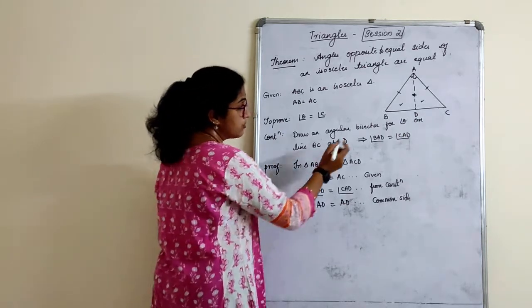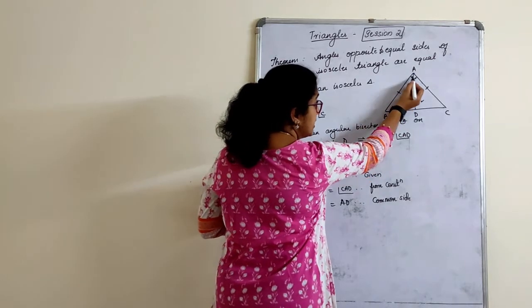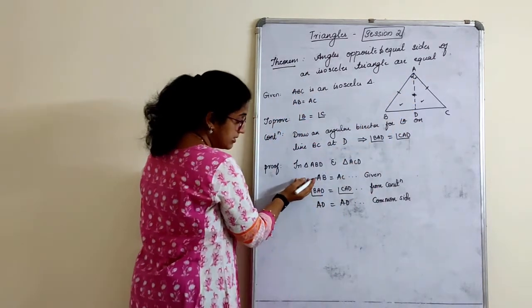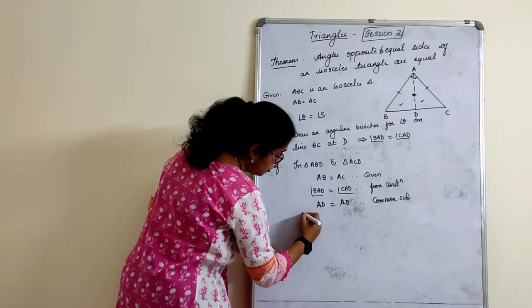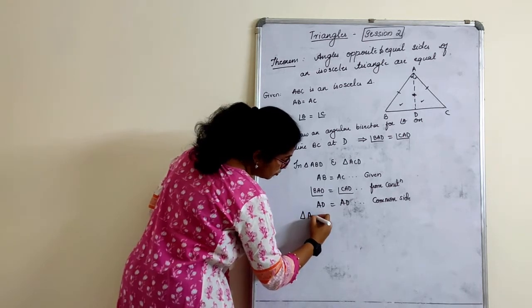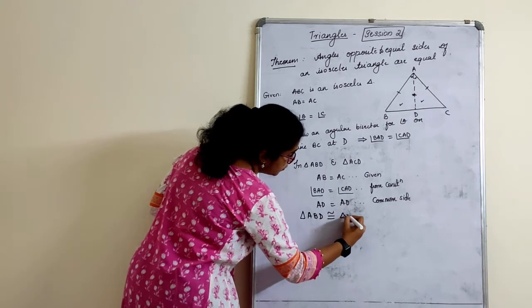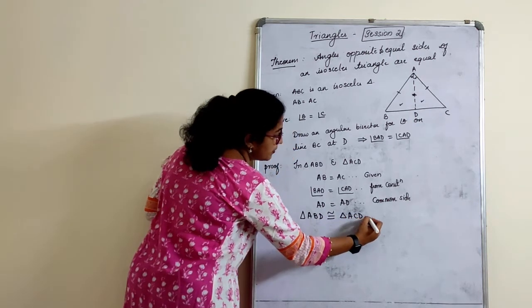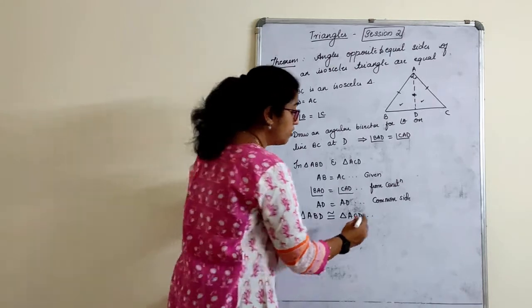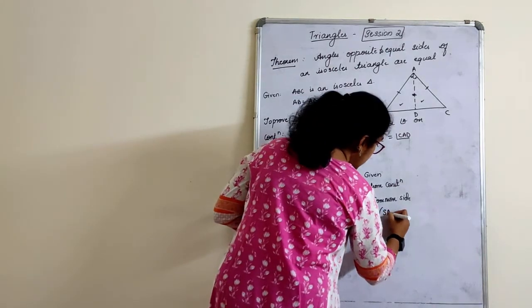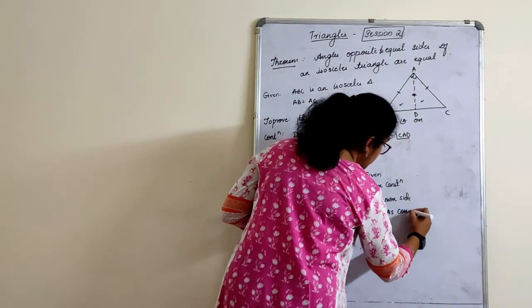So check which is satisfied here. Side, angle, side. So from this can I tell triangle ABD is congruent to triangle ACD? By which congruence rule? By the SAS congruence rule.